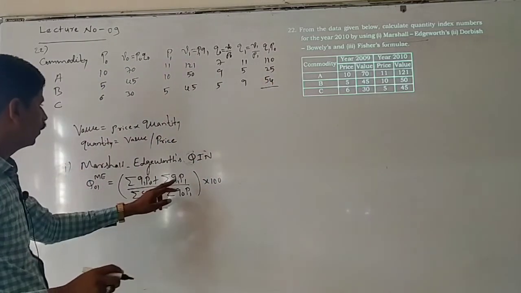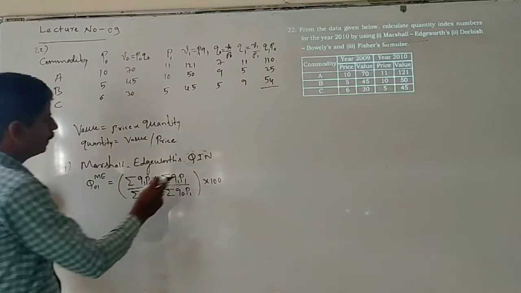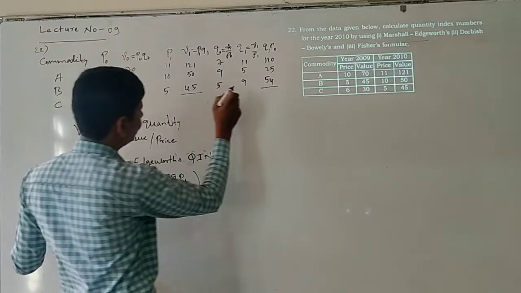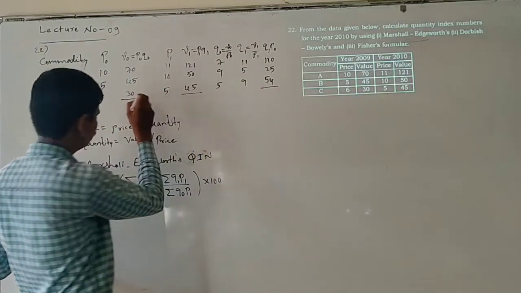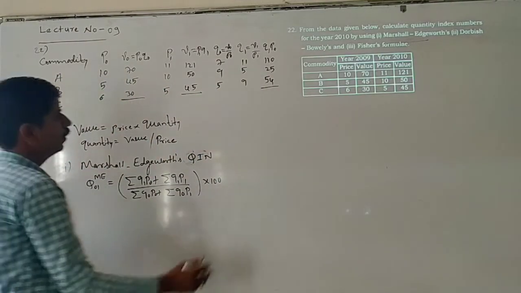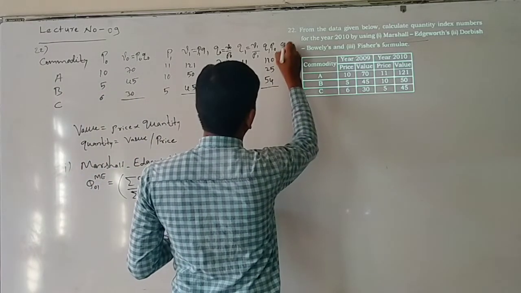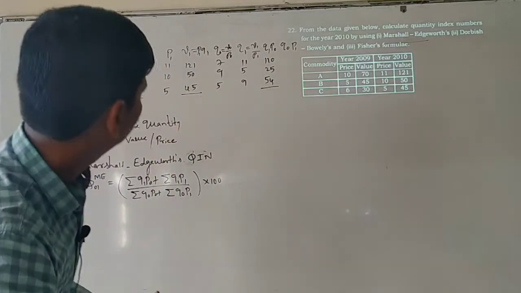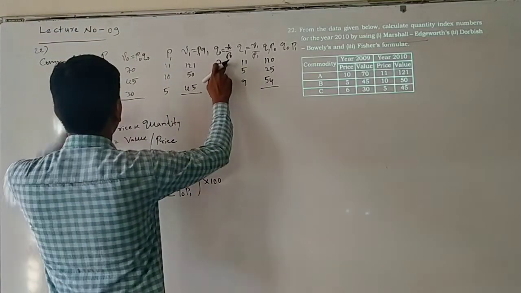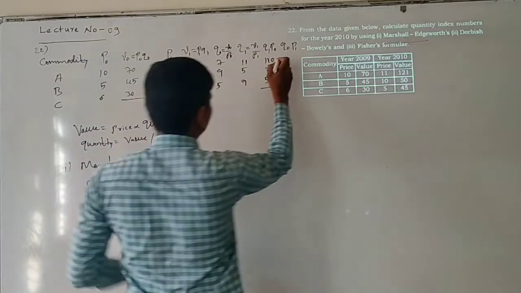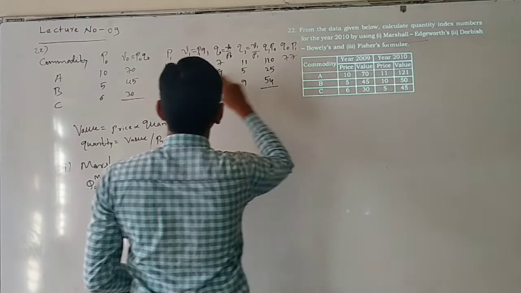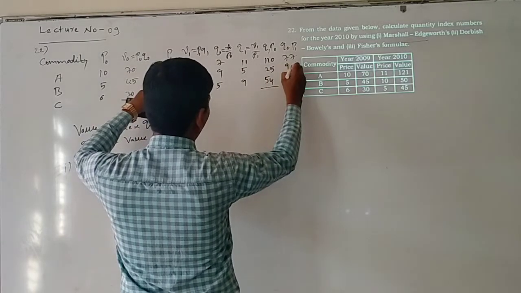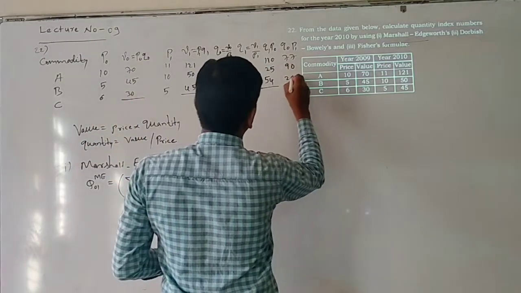The next we want Q1 P1. Here Q1 P1 are already given. And Q0 into P0 is also given. Only you have to find Q0 into P1. Here Q0 and P1: 11 7s are 77. Next 10 9s are 90. 5 5s are 25.